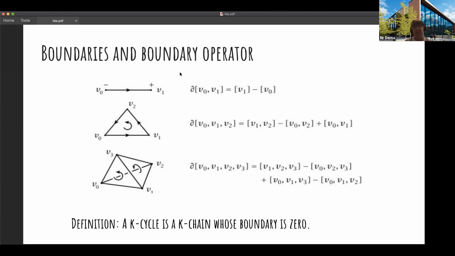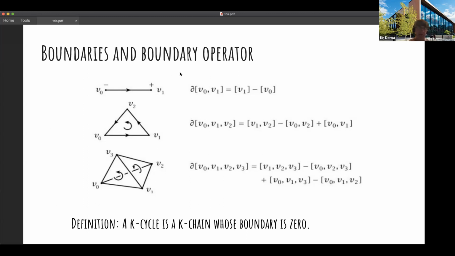Now, what would be the boundary map for the zero-dimensional simplex? That would be simply the zero map, right? And this is an expression of another result, which informally is formulated as boundaries have no boundaries, meaning the boundary map maps boundaries to the zero vector space.